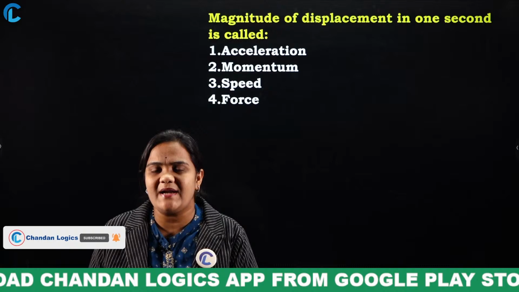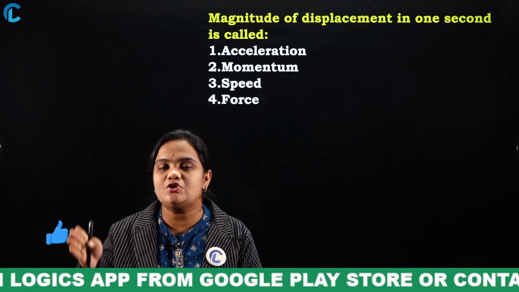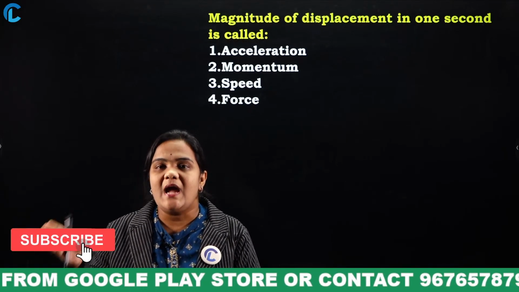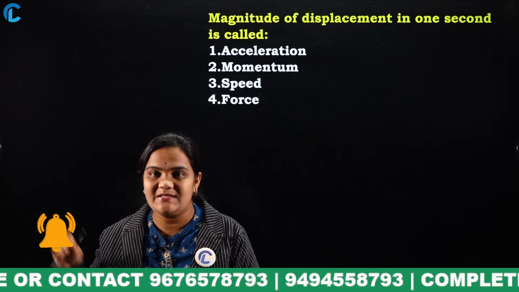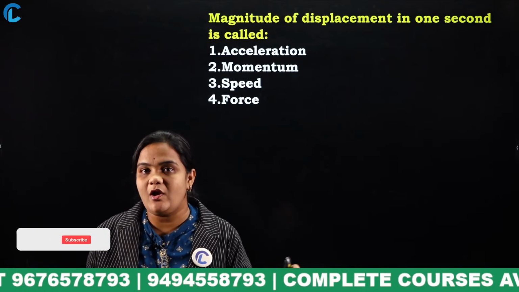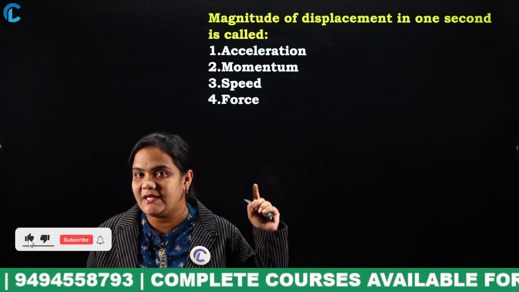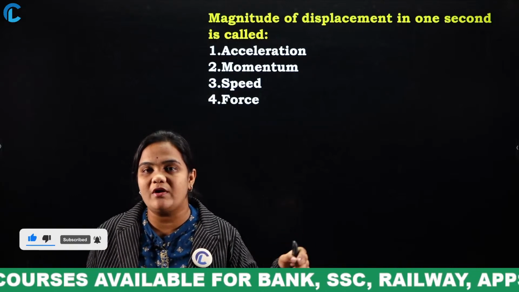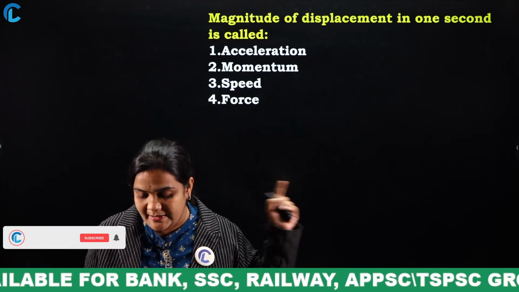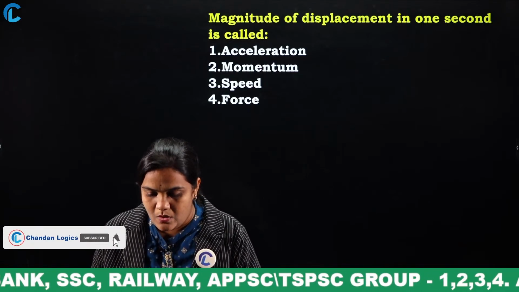A scalar quantity consists only of magnitude, while a vector quantity consists of both magnitude as well as direction.